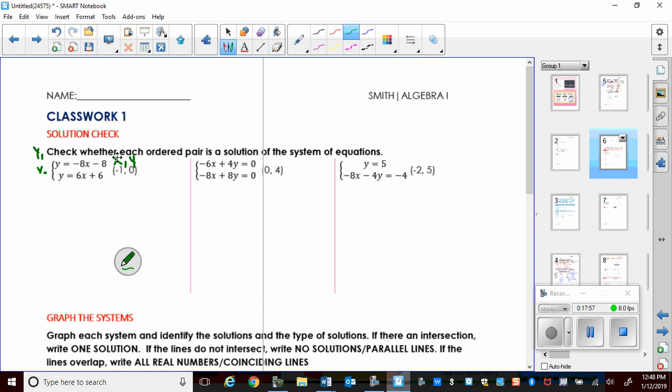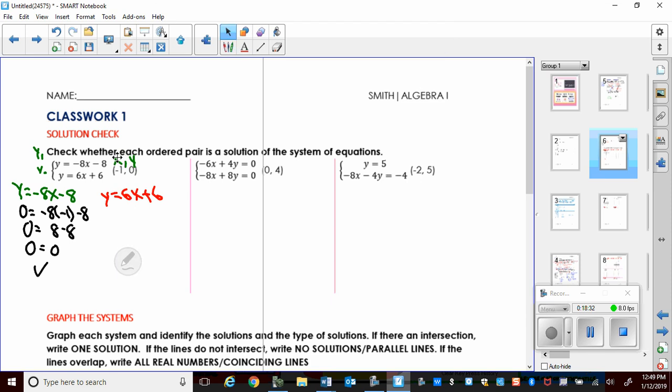You would have y equals -8x minus 8 on one side, and y equals 6x plus 6 on the other. To check the first one, y equals 0. Does 0 equal -8 times -1 minus 8? 0 equals 8 minus 8, and this is true because 0 equals 0. So it checks out for this one.